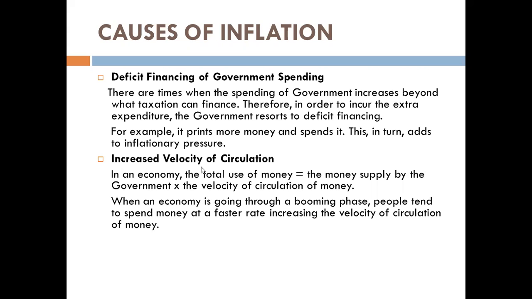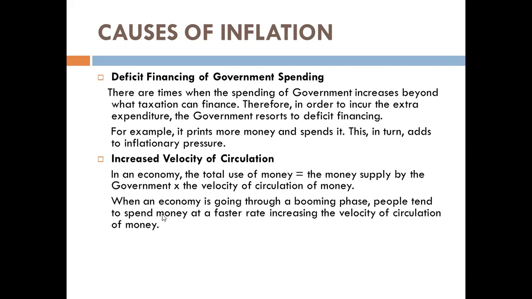The next one is increased velocity of circulation in the economy. The total use of money equals the money supplied by the government multiplied by the velocity of circulation. This is how we calculate it: the total money equals how much money the government supplies, and in this way we calculate the velocity of circulation.